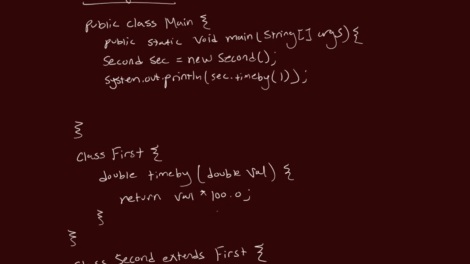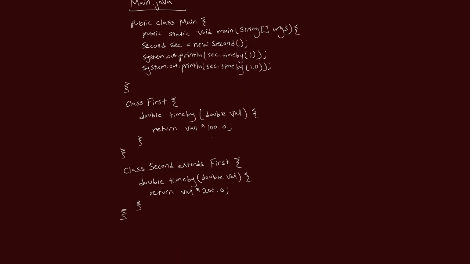Okay. And if we do another one, System.out.println sec.timesBy(1.0), this will still call this one.